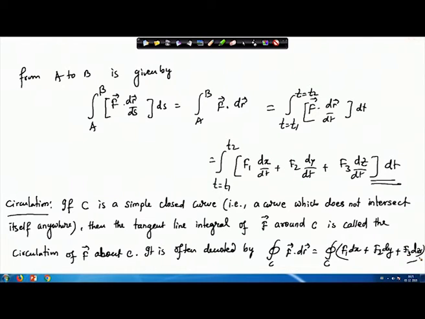So, this is the required definition of the circulation of f around the curve C.